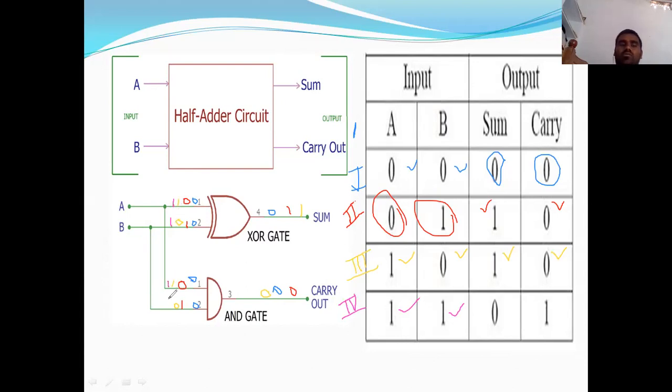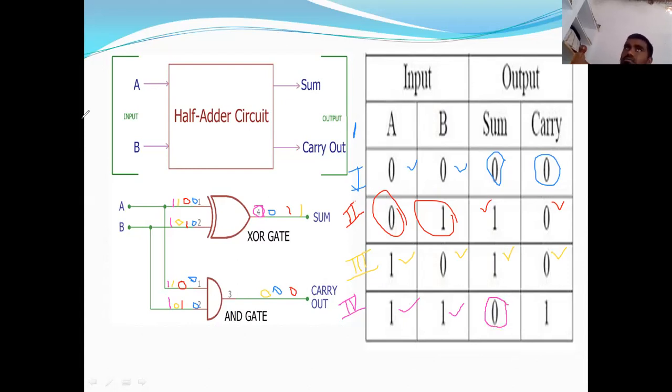For same inputs, the XOR gate output will be 0. For different inputs, the output will be high. So here we have the same inputs, so that's why we are getting the output is low, that is 0.